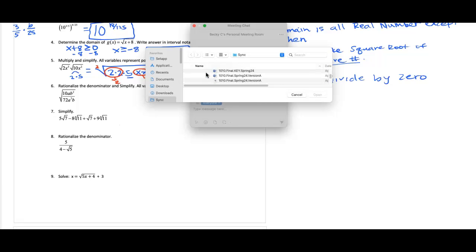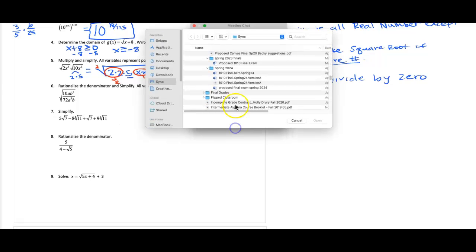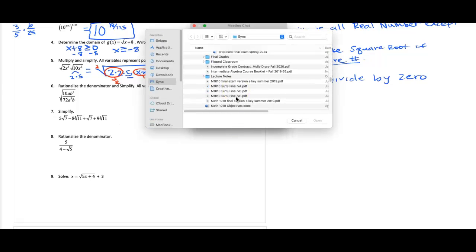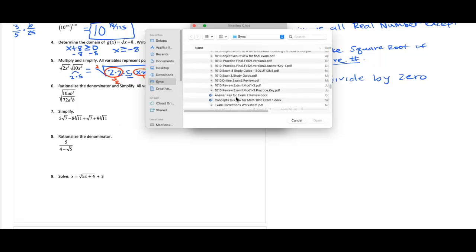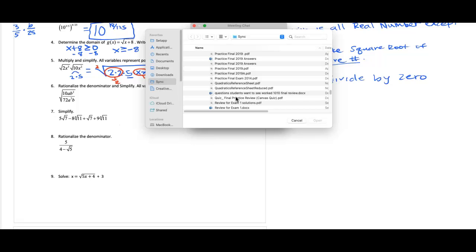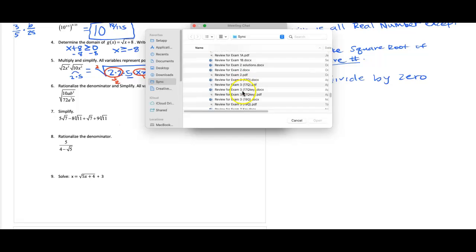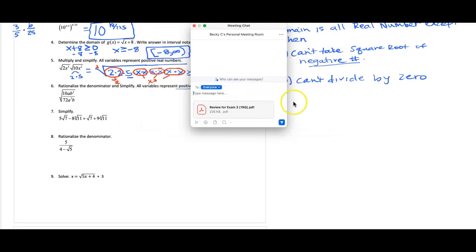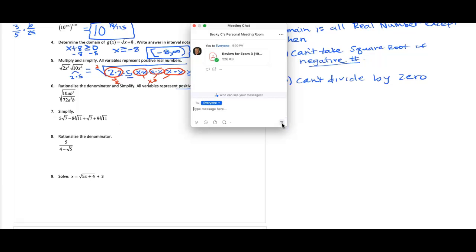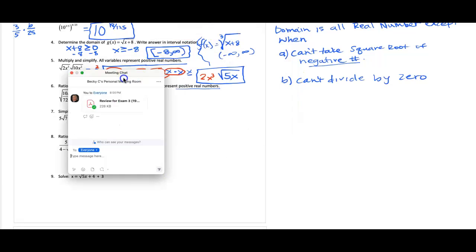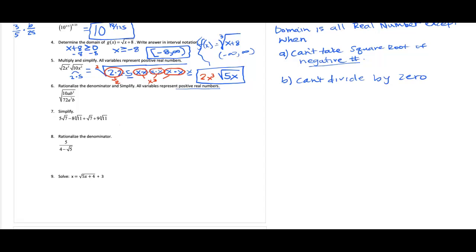All right, here it is under study guides. Let's try that one there, okay? So hopefully you guys can pull that up that way. All right.